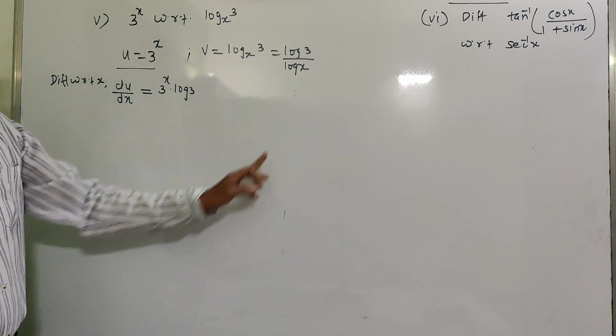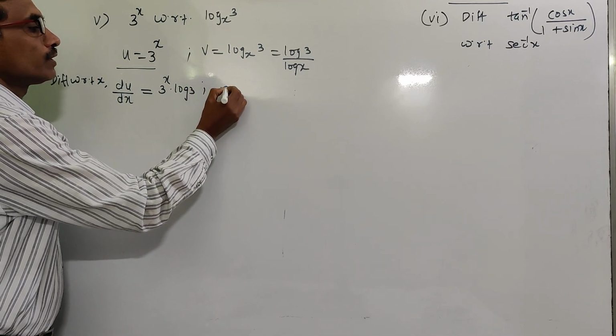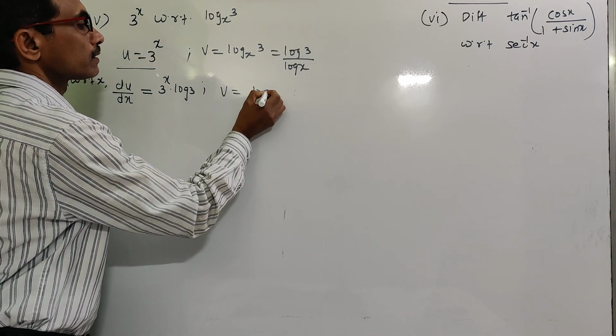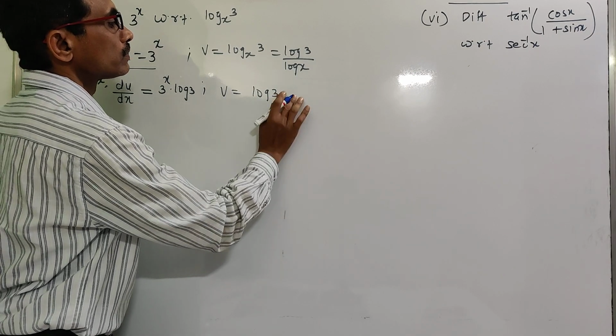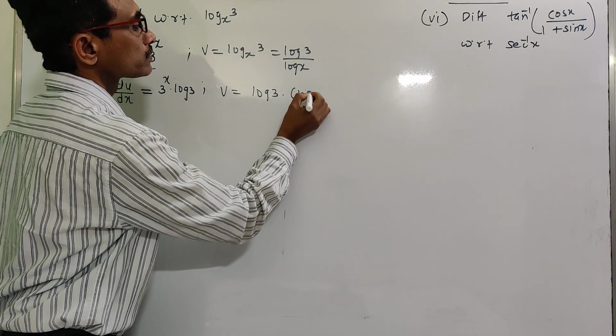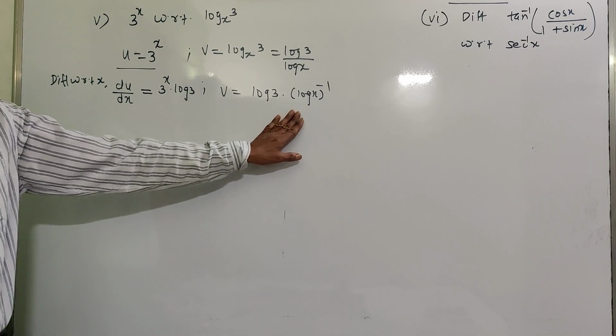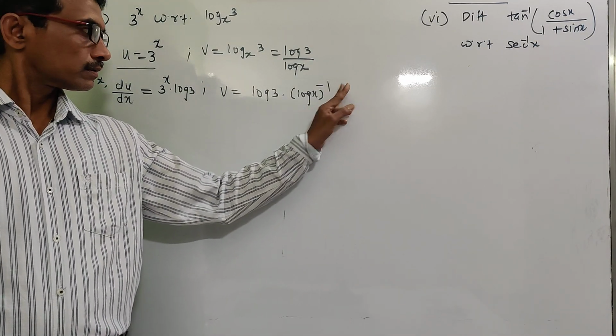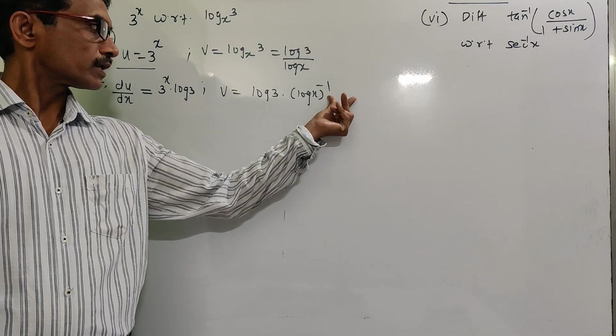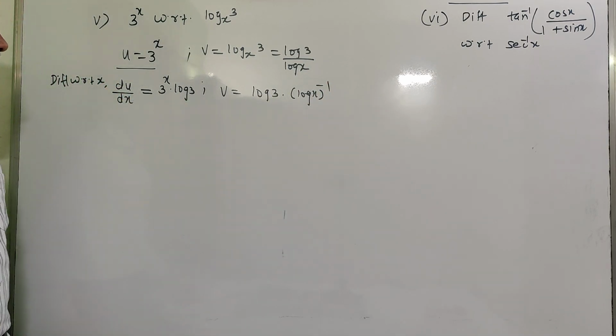How do we differentiate v? v is equal to log 3 into (log of x) raised to power minus 1. So it is a composite function, f(x) raised to power n. So n times f(x) to the power n minus 1 into f dash of x will be the derivative.